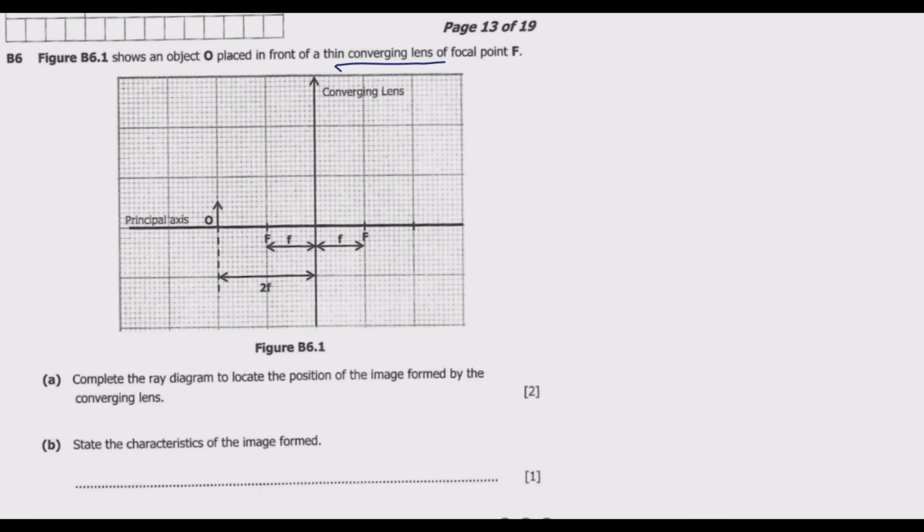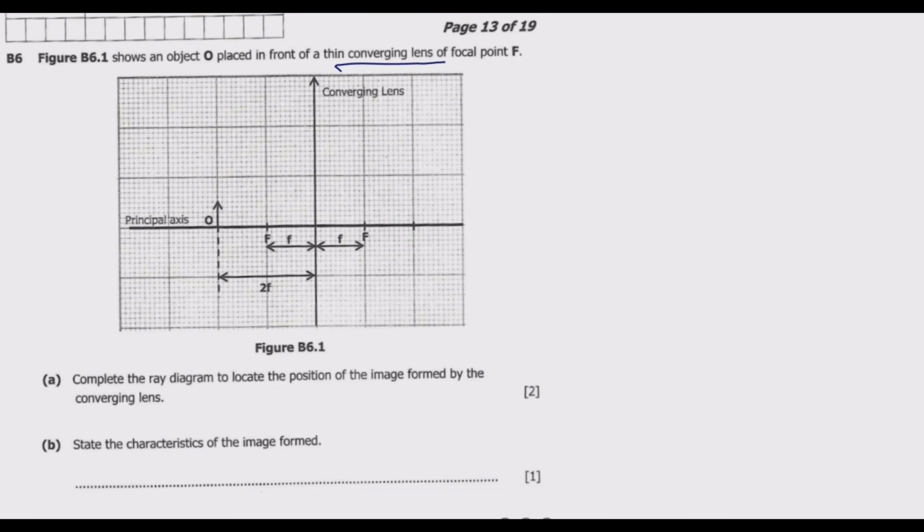What we need to understand is where the object is. In this case the object is at 2F.